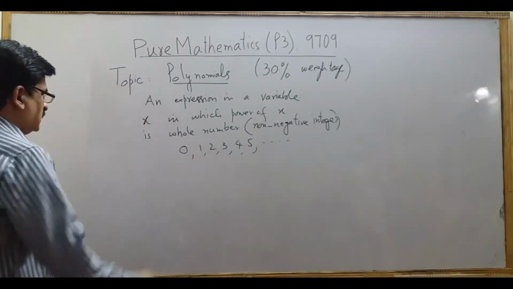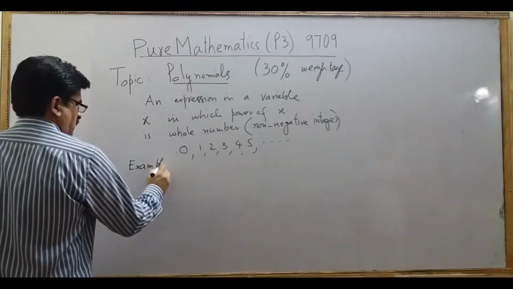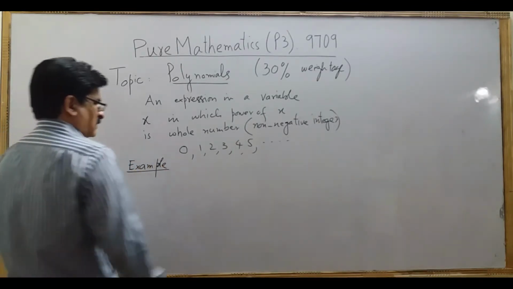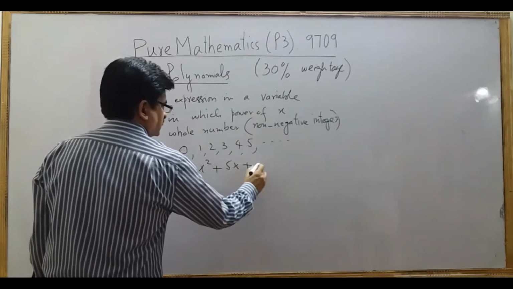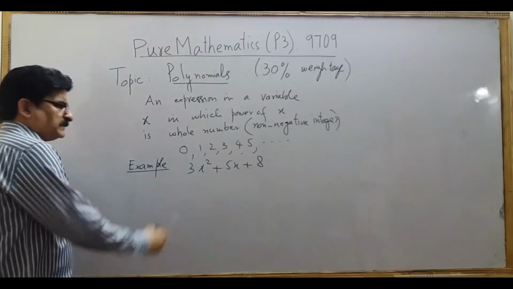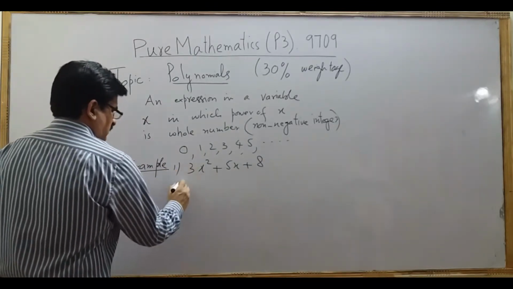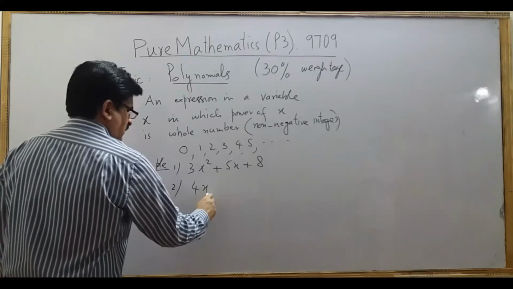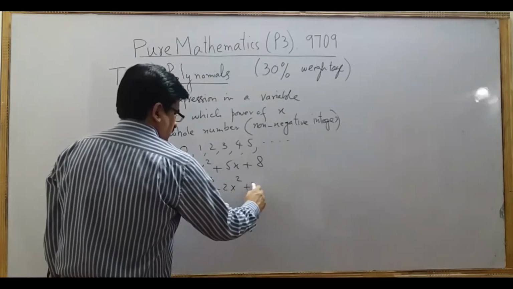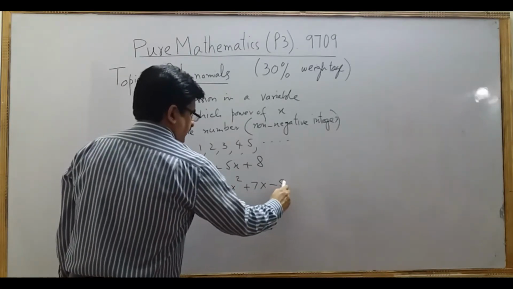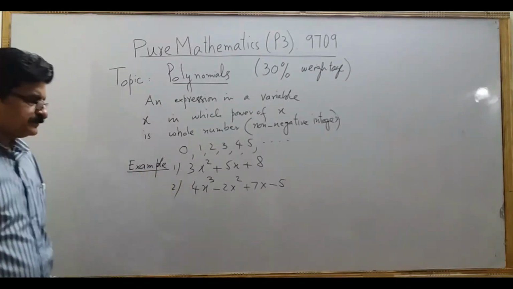For example, 3x square plus 5x plus 8. This is a polynomial. X is the variable. Second example is 4x cube minus 2x square plus 7x minus 5. This is also a polynomial.